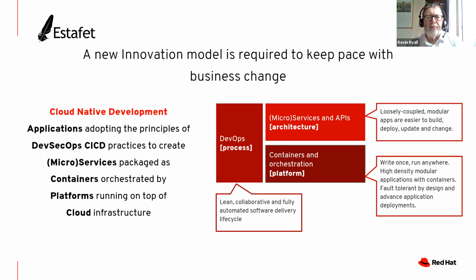So principles of DevOps and CI/CD are seen as an important thing that underpins the cloud native approach, as is the idea of having a microservice architecture. Underpinning this, we also have the idea of containers. And of course, the platform that the containers run on is important, and underneath all of that is the cloud. So we'll look at some of these as we go through.